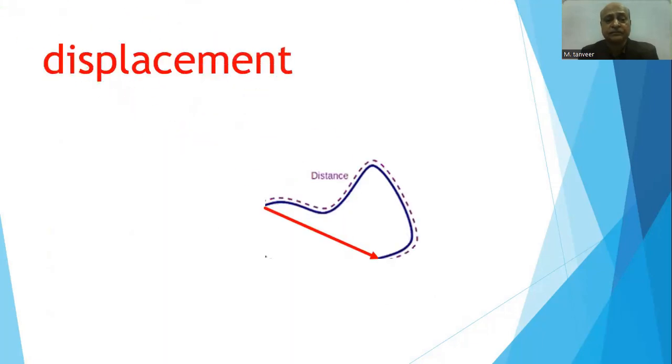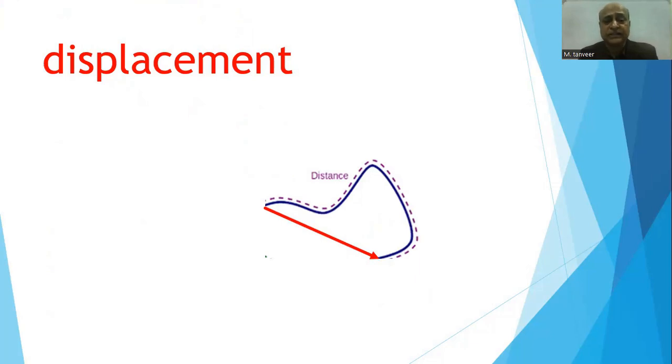Displacement. This is the shortest directed distance between these 2 points. One is market, second is home, and the red arrow shows displacement. Now you go to market from your home directly. You did not follow the long path.